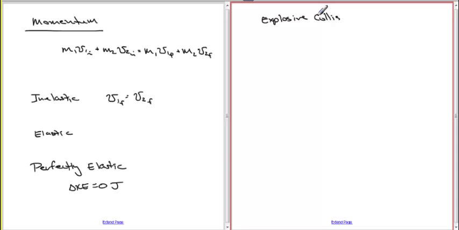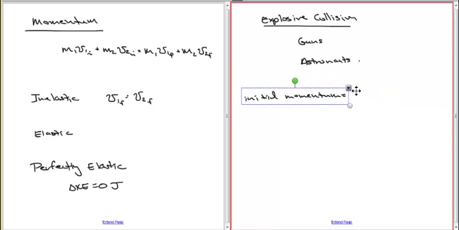And then there was the explosive collision, which is really kind of an uncollision. This is kind of like guns or somebody shooting something, so the bullet comes out one way and you get a recoil. You've got space astronauts throwing wrenches. What happens there is the initial momentum, which is equal to the final momentum, they're equal to 0.